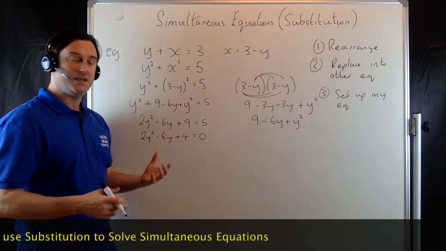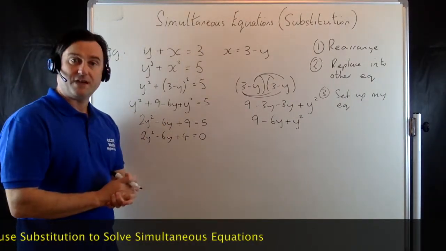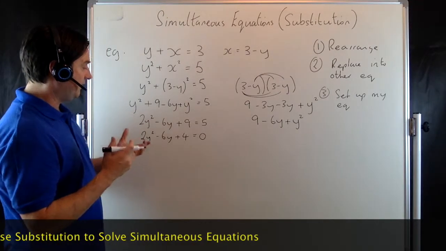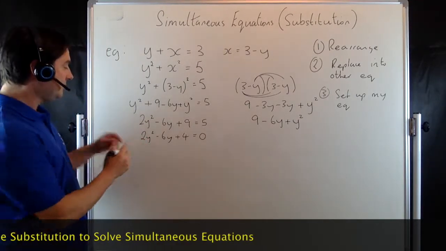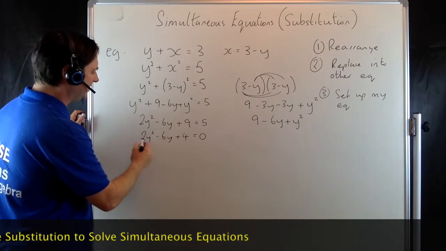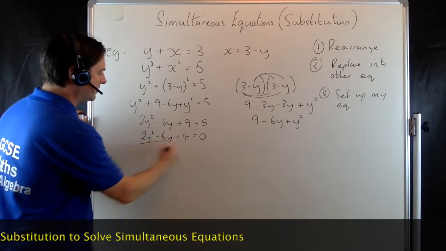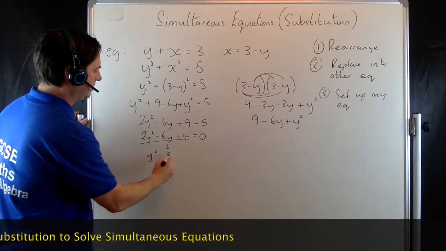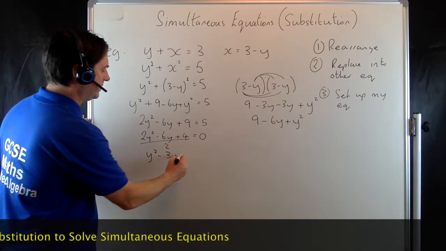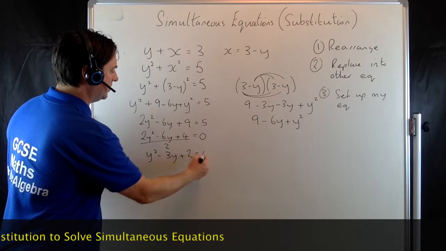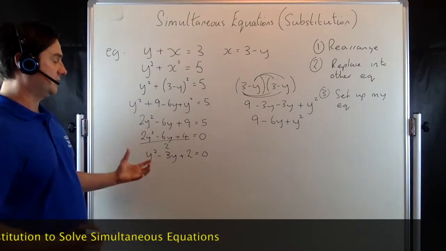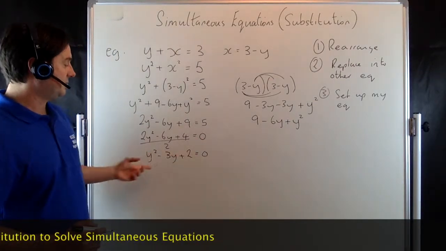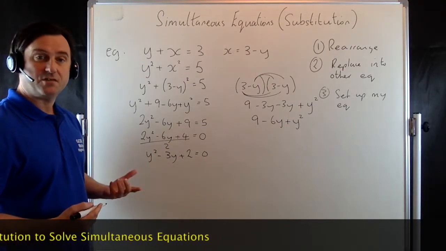Now I've got a quadratic, it's equal to 0, I can factorise it. So it's probably easier to divide all this through by 2. And that's going to give me y squared minus 3y plus 2. And remember, 0 divided by 2 is still 0. I've now got a simple quadratic here to solve.